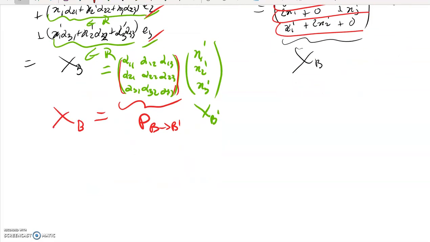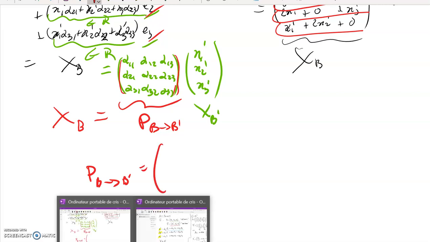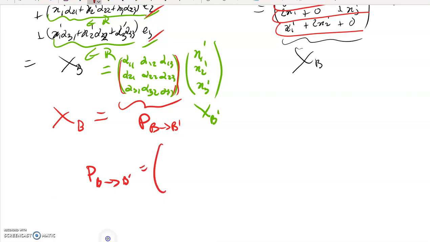Okay, and the important thing we can observe is that this P from B to B prime contains alpha 1 1, alpha 2 1, alpha 3 1. This contains exactly the components, in columns, of each vector of the new basis.